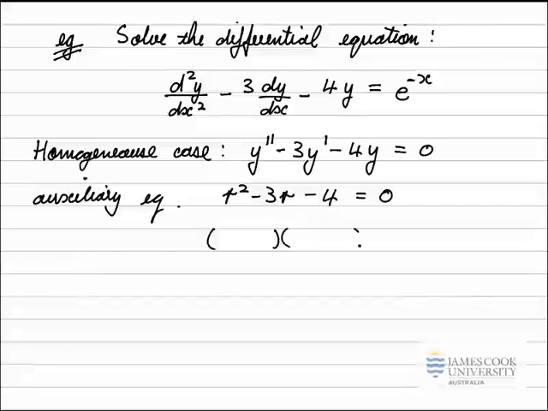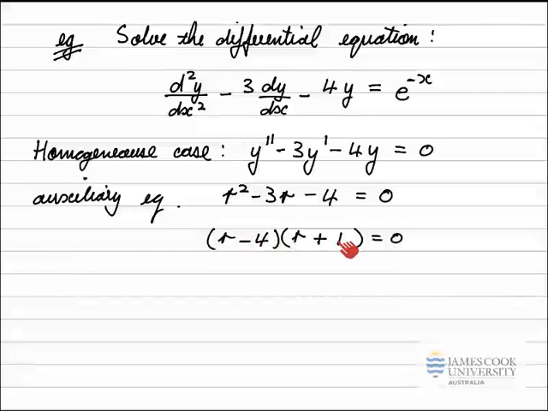So factorizing the left-hand side gives me an r and an r. I think of two numbers that multiply to give negative 4, add to give negative 3. It's going to be a 4 and 1, and I need a negative 4 and plus 1. Quickly check that. Negative 4 times 1 is negative 4, and plus 1r minus 4r gives me minus 3r.